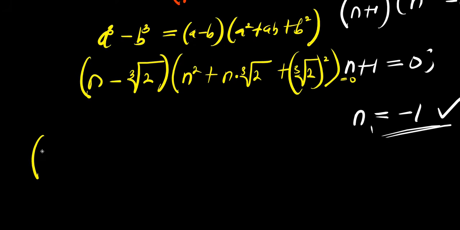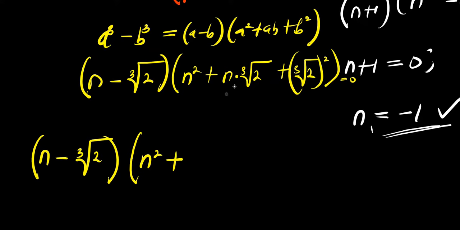So I can have n minus cube root of 2 times n squared plus n times cube root of 2. Instead of writing cube root of 2, remember cube root of 2 is the same thing as 2 power 1 over 3. I have n times 2 power 1 over 3, which is the same thing as writing cube root of 2.